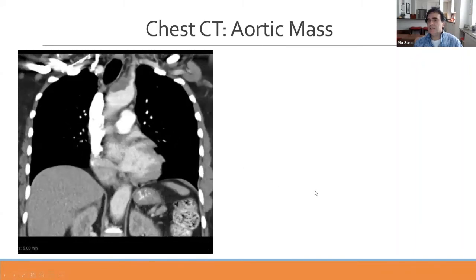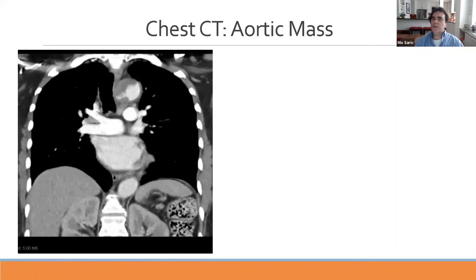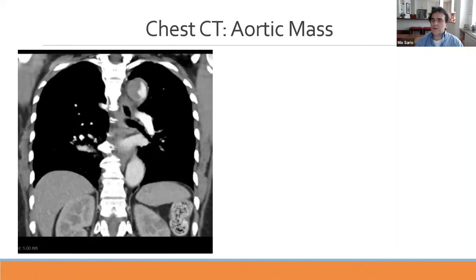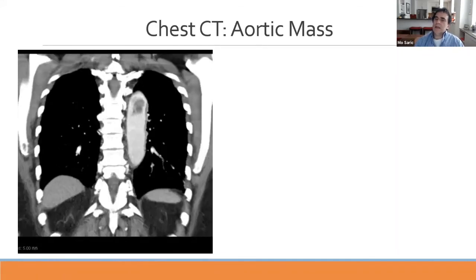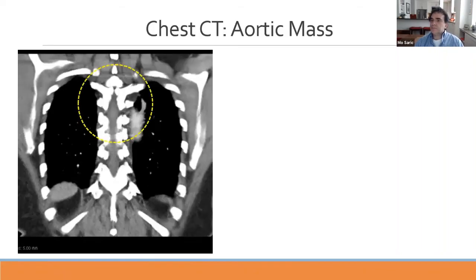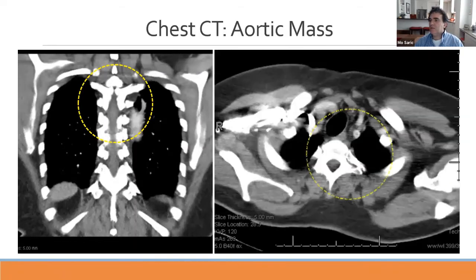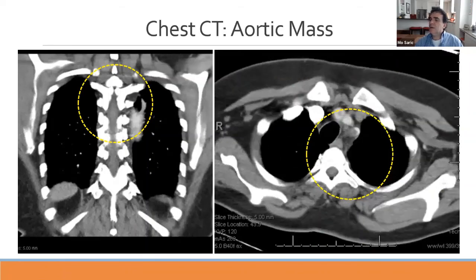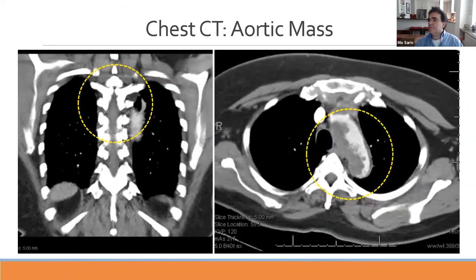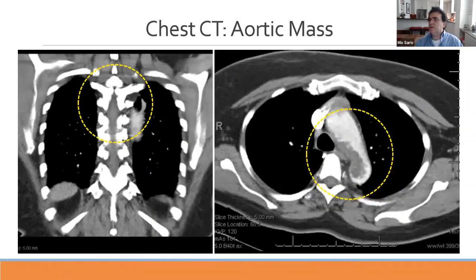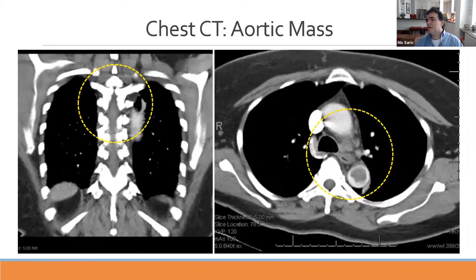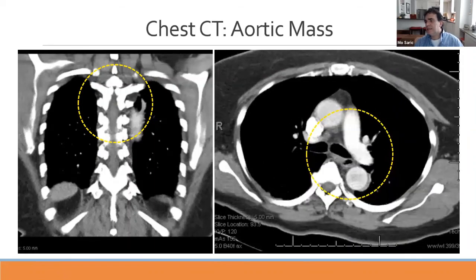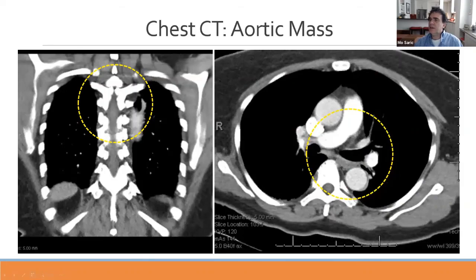You see that there is extensive involvement of the aortic arch, as well as the proximal portion of great neck vessels. And again, here, if you pay attention, this is on the short axis. Again, extensive involvement by the tumor, this sarcoma in the aorta, and extended into the great vessels.